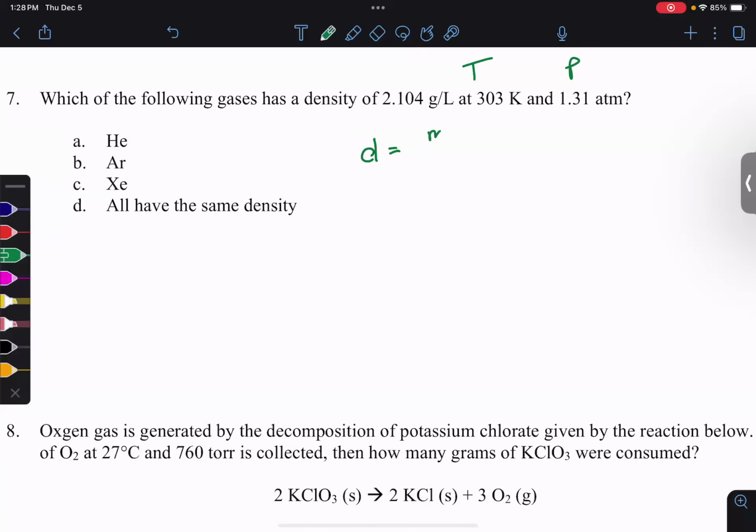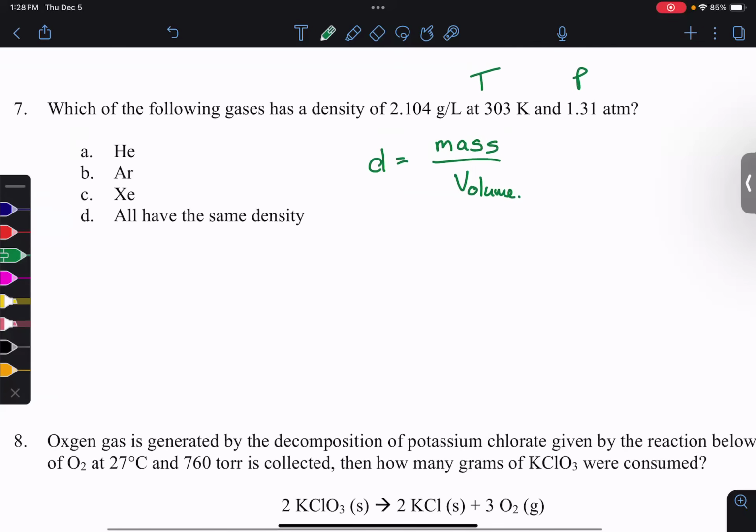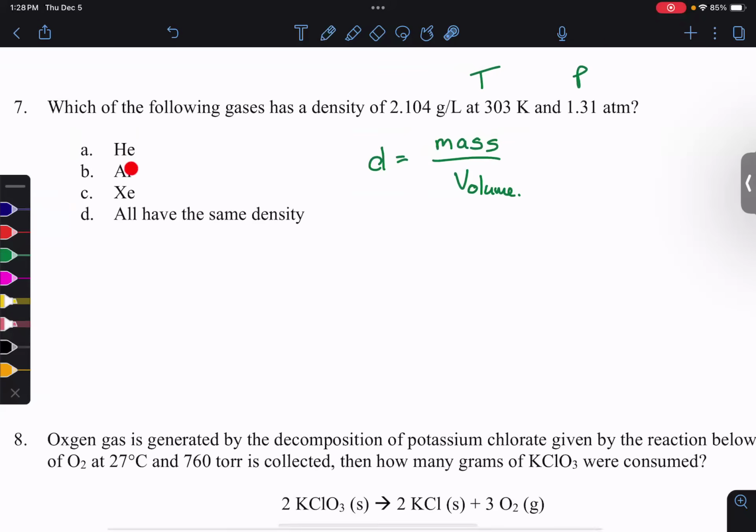Understand that density is just the mass of your substance over the volume of your substance. So what I like to do with density, since we're not given amounts of helium, argon, or xenon, is I always like to assume we have 1 mole of your gas, all right?